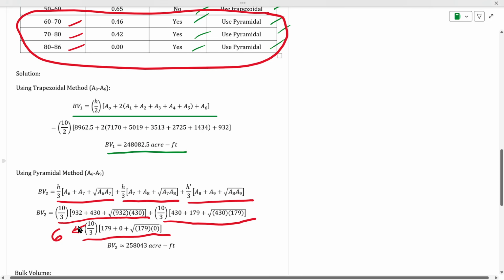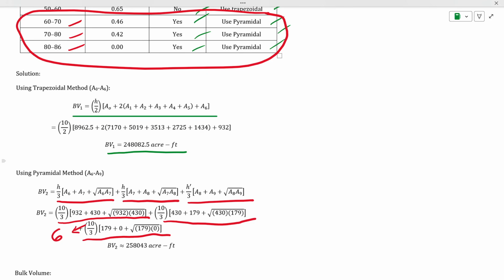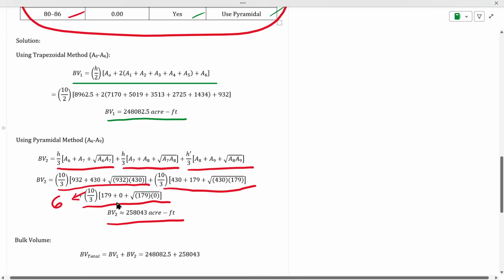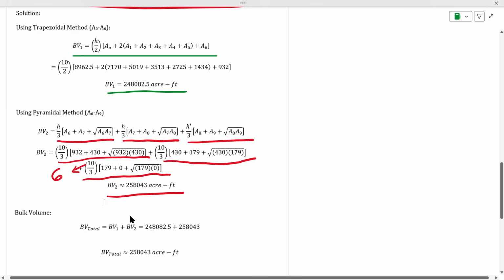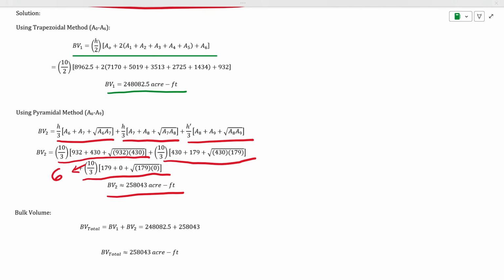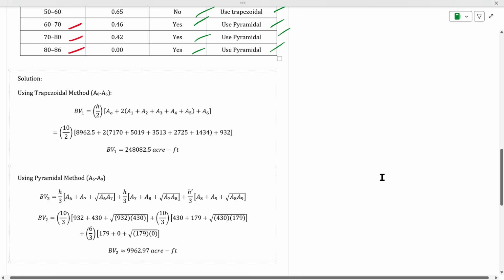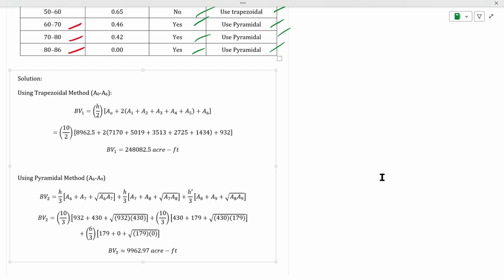And once you sum up all the bulk volume, approximately the BV sub 2, we have 258,043 acre feet. I did some checking here.